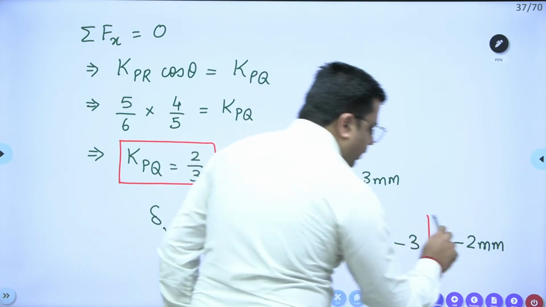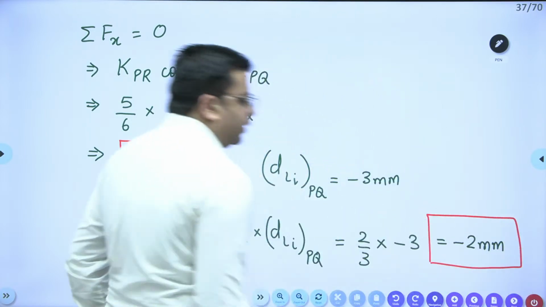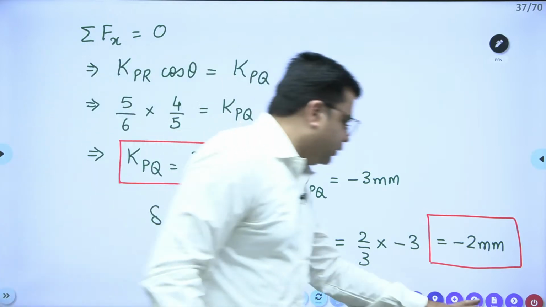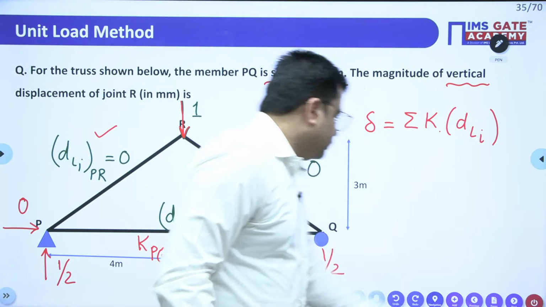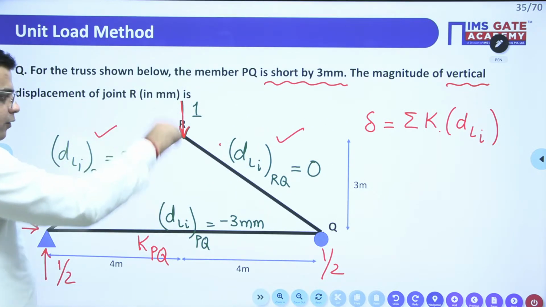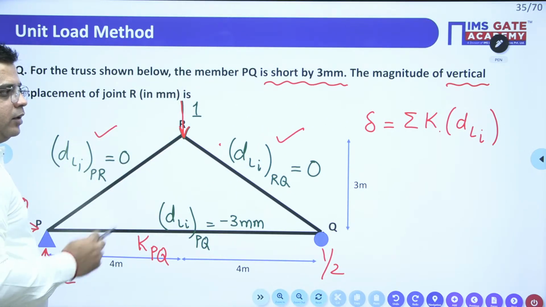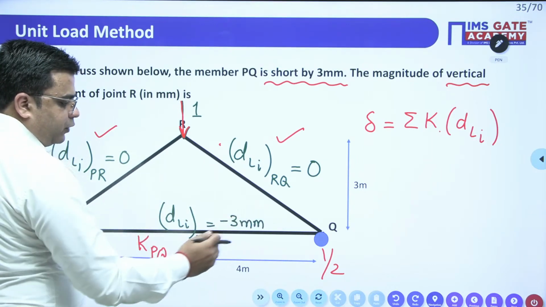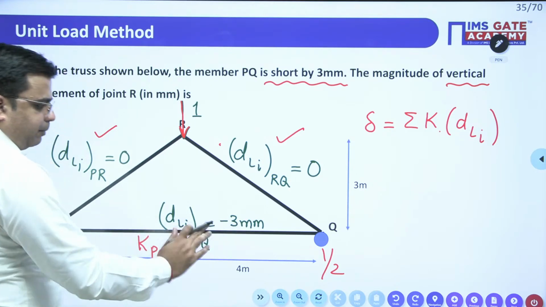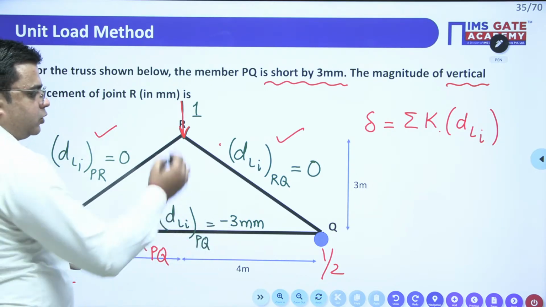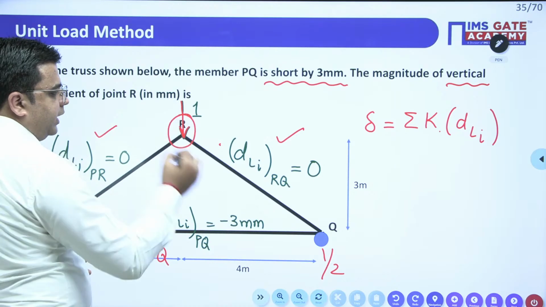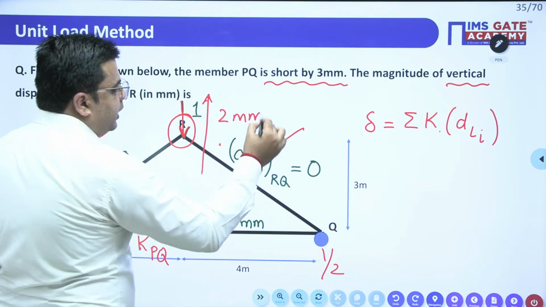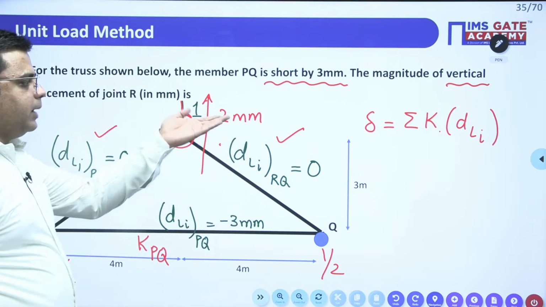This minus 2 mm means that we assumed that point R will go downwards. But the answer we are getting is due to this lack of fit of 3 mm, that is, member PQ is short by 3 mm. So this joint R goes up by 2 mm.